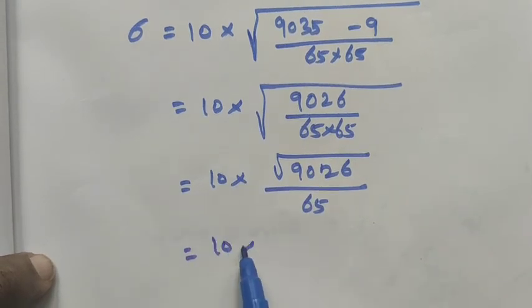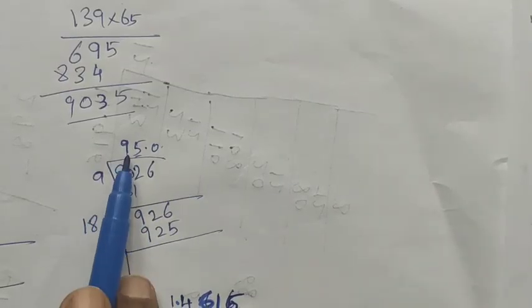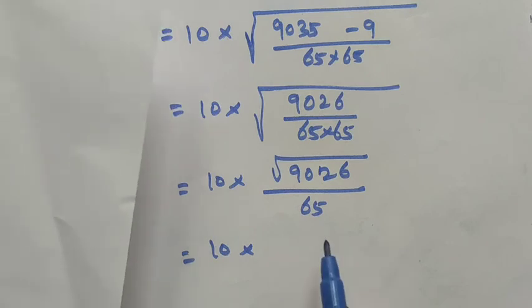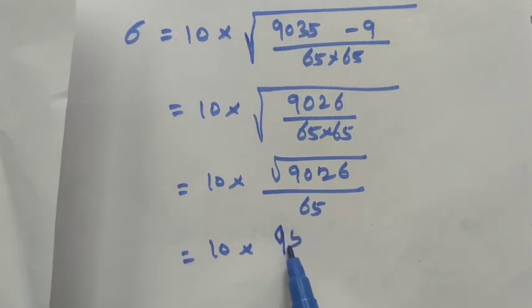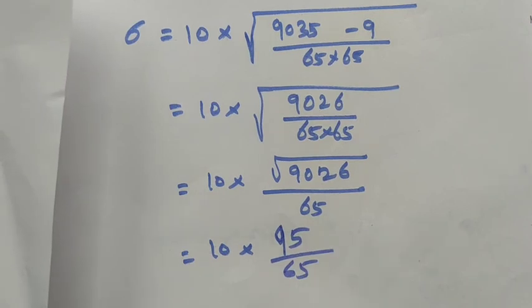So 10 into, next we find the square root of 9026. We get the square root as 95. So the square root of 9026 is 95, divided by 65.